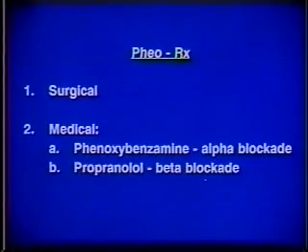Whenever you use these drugs together for a pheochromocytoma patient, it is essential that you alpha block them before you beta block. So think of it in terms of A and B. A comes before B, where phenoxybenzamine is always given before we give propranolol to avoid any abnormal blood pressure swing.